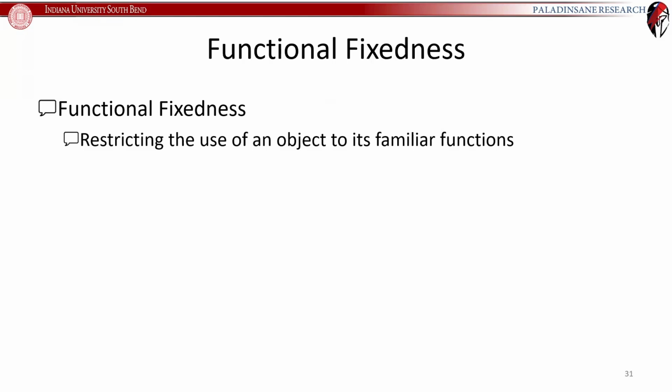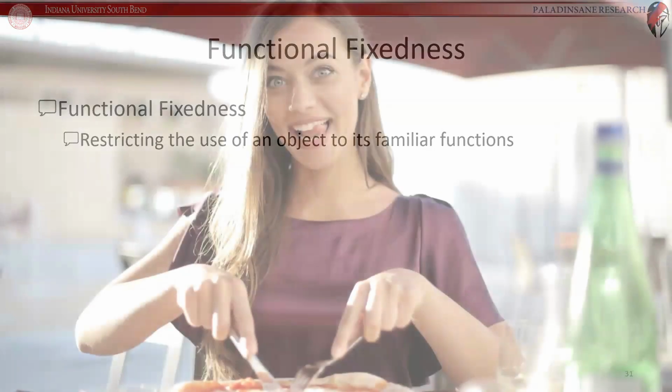So when we're trying to solve a problem, we often have resources and objects that we can use, and functional fixedness is where a solution could be obtained, but it requires you to use something in an unfamiliar way, and we block ourselves and simply restrict the use of an object to its familiar functions.